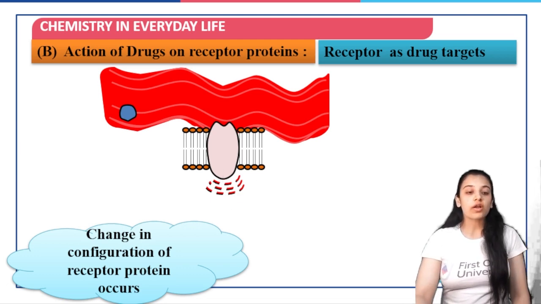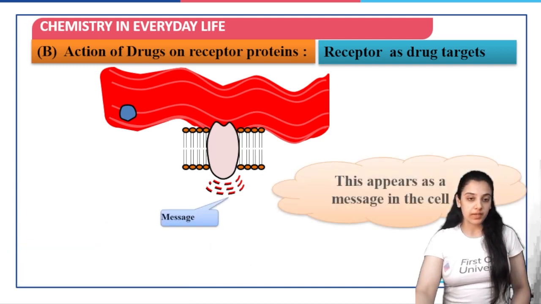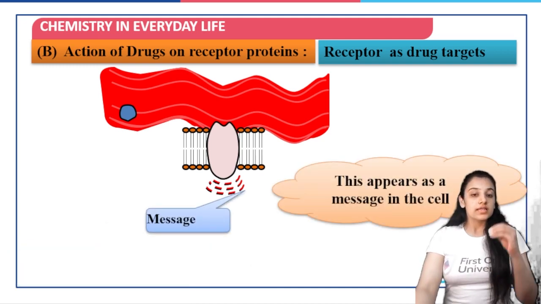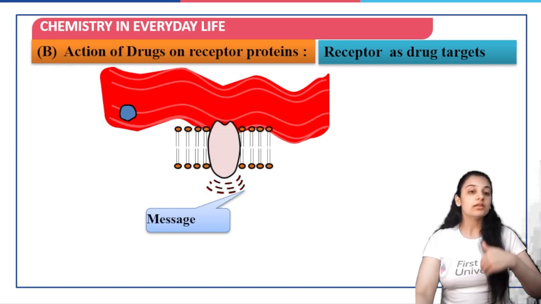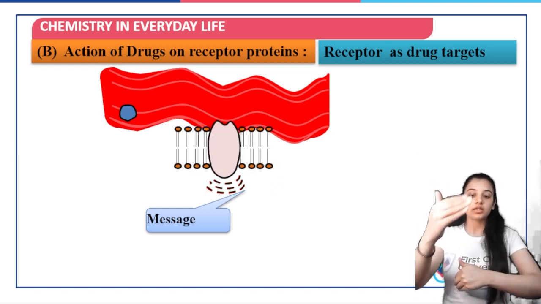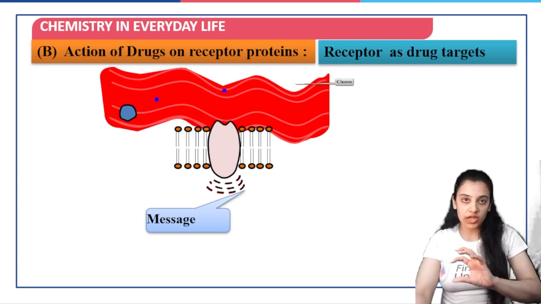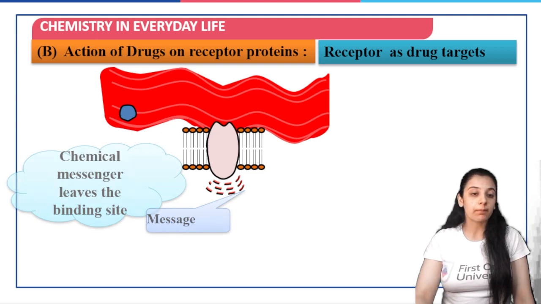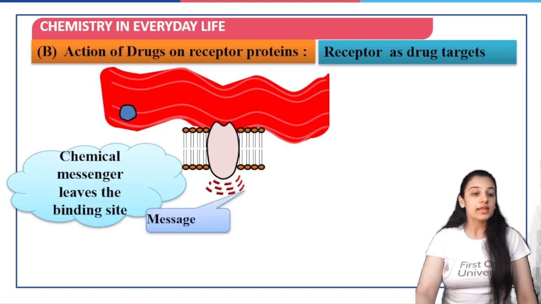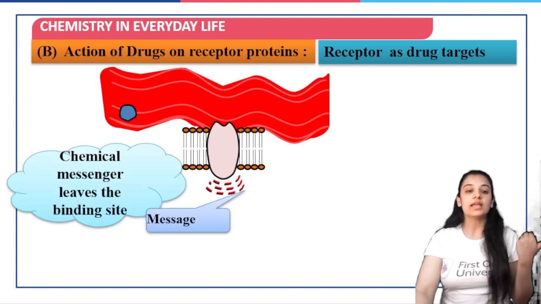A change in the configuration of the receptor protein takes place, and as a result this appears as a message in the cell. The site changes in a way that now the glucose molecules are taken up by insulin, and the chemical messenger then leaves the active site.